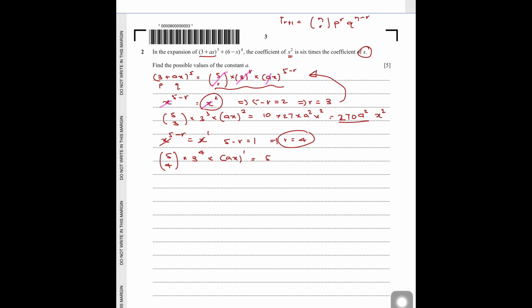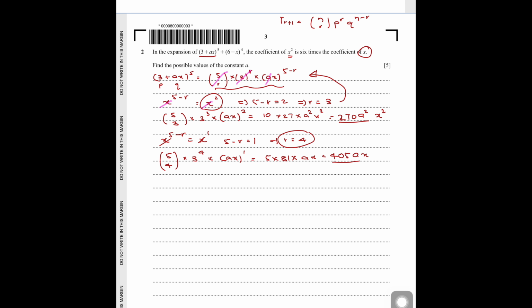So 5 times 81 times ax. So 5 times 81 is 405, ax. So x has coefficient 405a.